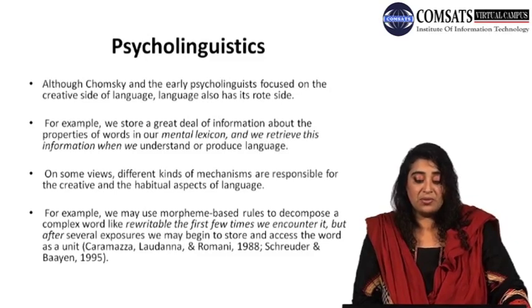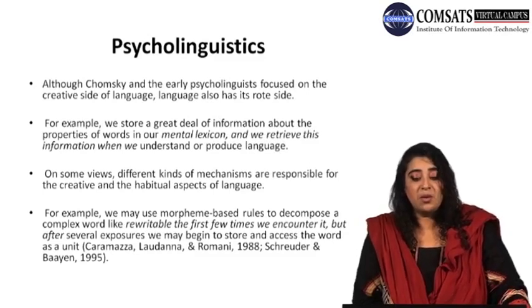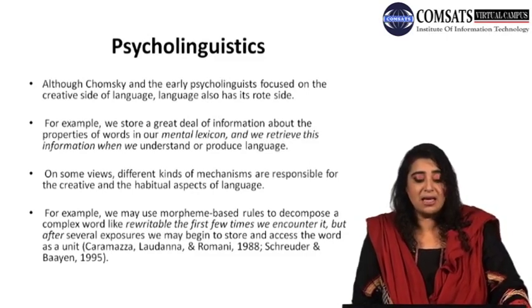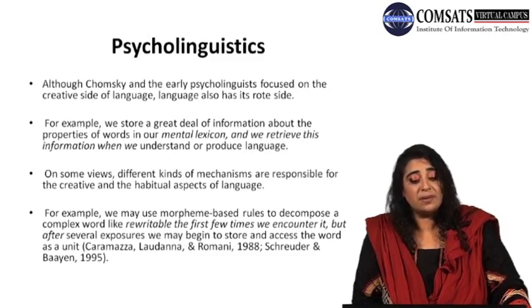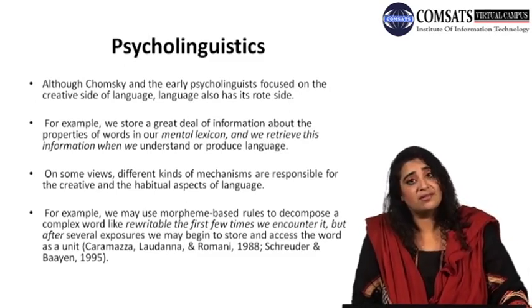The first time we see it, we would say, okay, what is this word? And then we would try to understand the meaning of that word by separating the different structures of that word. And after several exposures, we may begin to store and access it as a unit.